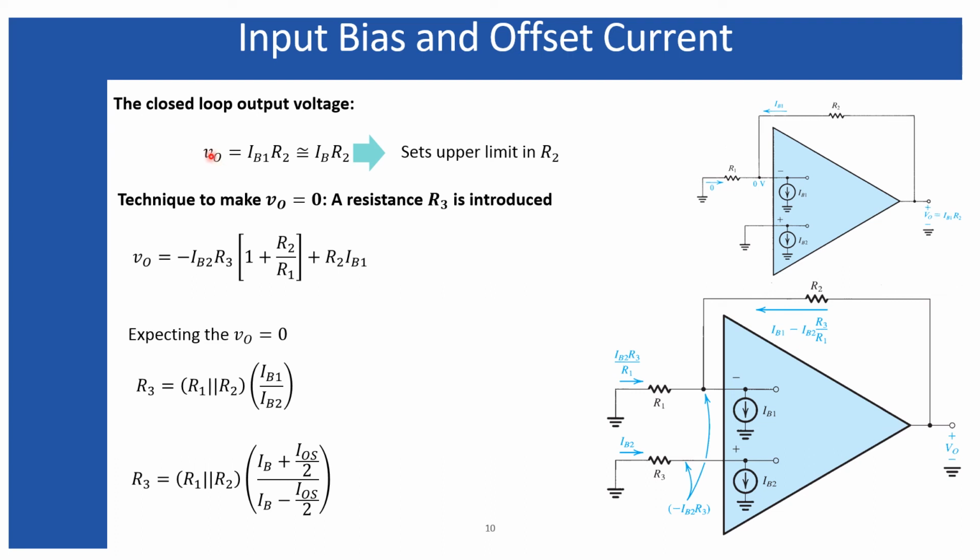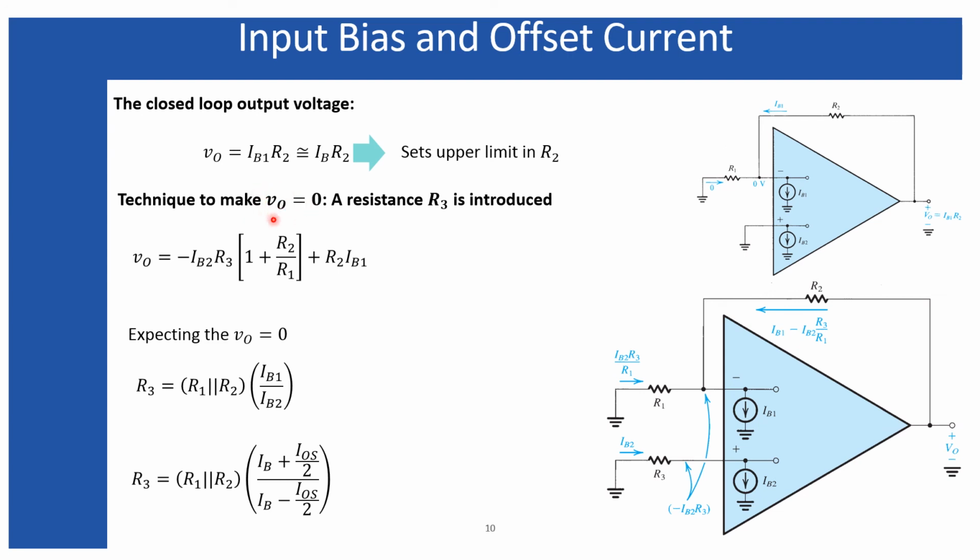In that case, this offset voltage caused by the offset current or the bias current will be significant in comparison with the input signal applied to this operational amplifier.